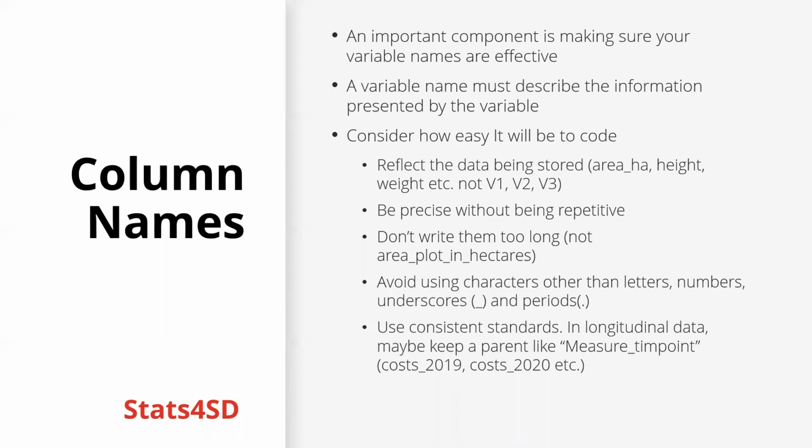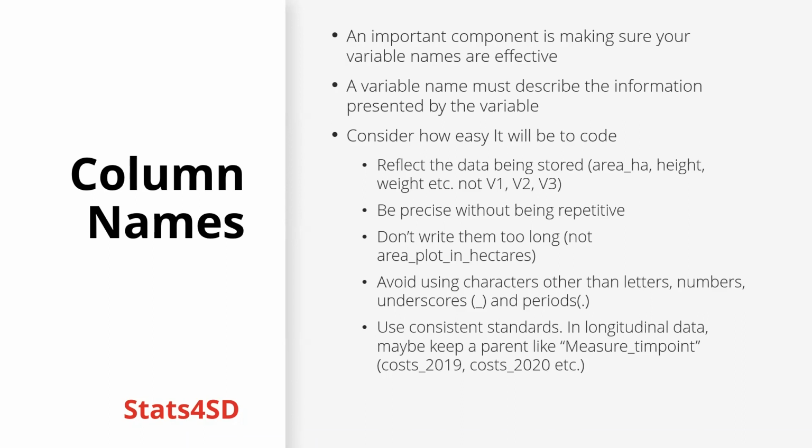So generally letters, preferably lowercase, is also a tip I've heard, especially from data science people who don't like capital letters. But numbers, underscores, and periods are the things to stick to.